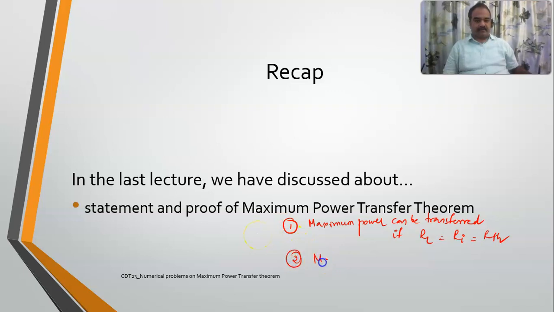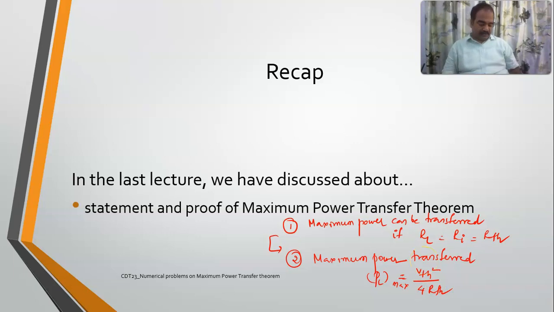And maximum power transferred in this case is PL max is equal to VTH square by 4 RTH.